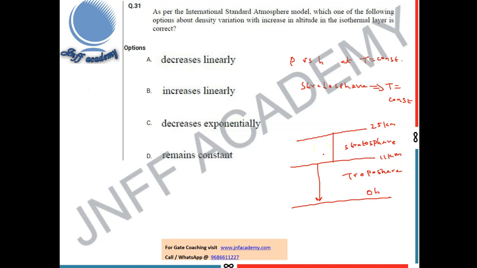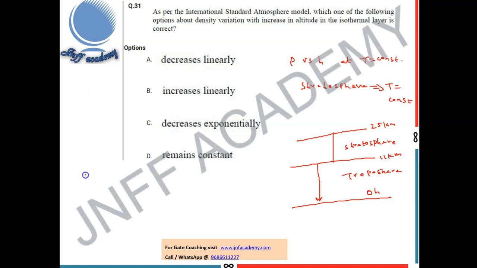So we know that all the expressions that we have studied in the books are related to the troposphere. Now we have to derive the expressions that are related to the stratosphere. It's very easy. As we have seen in the class, the atmospheric relationship has been derived from Pascal's law, hydrostatic law basically.